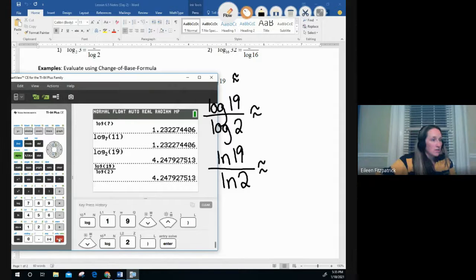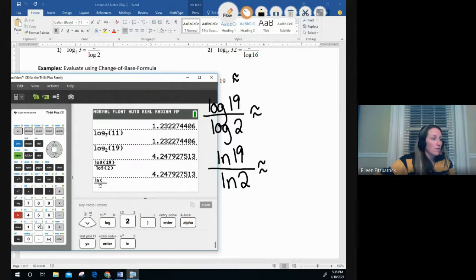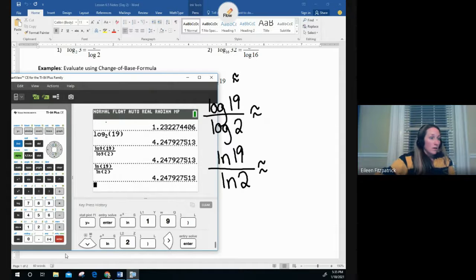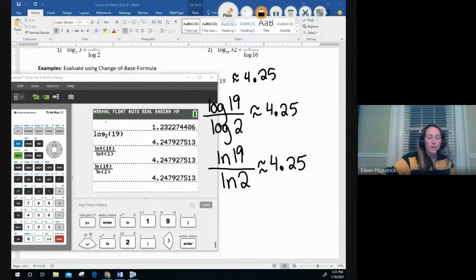And push enter. Now let's use the natural log. Alpha y equals, to get a fraction, the natural log of 19 over the natural log of 2. So you get the same approximation all 3 times, approximately 4.25. All right, so that's your change of base formula.